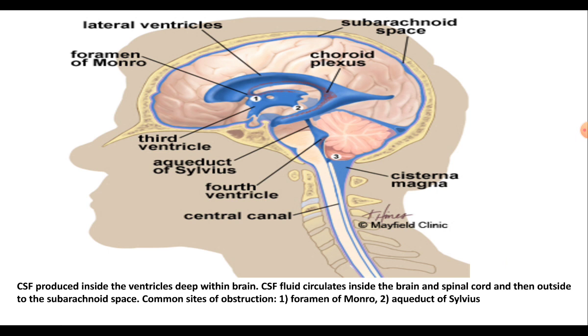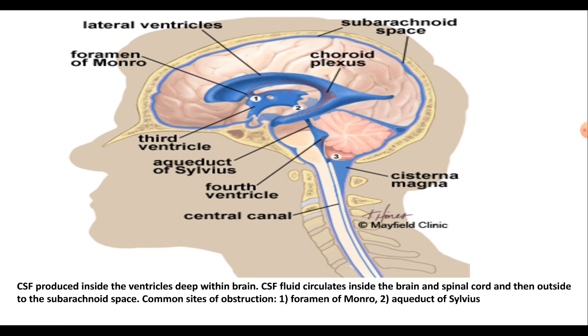This picture shows the presence of the brain ventricles and the connections between the ventricles, and also shows the flow of cerebrospinal fluid in the subdural and subarachnoid spaces, and also in the ventricles. The lateral ventricles are found in the cerebral hemispheres.